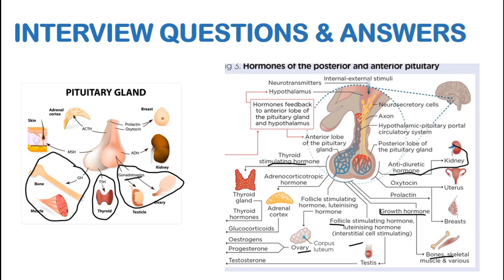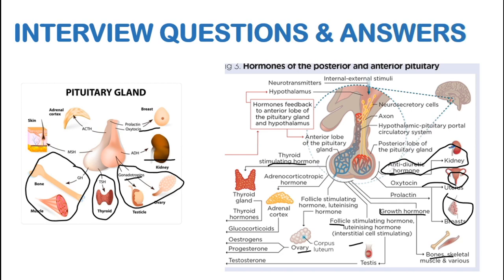Here you can see I am marking, which is helpful for the kidneys. And the prolactin and oxytocin. Prolactin is helpful for the breast and oxytocin is helpful for parturition. This is about the pituitary gland.